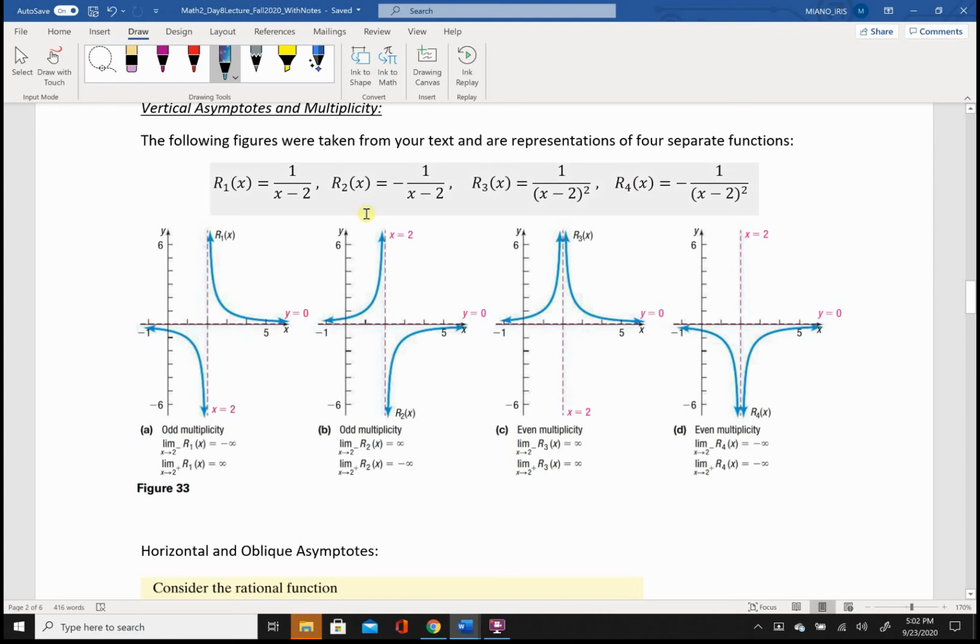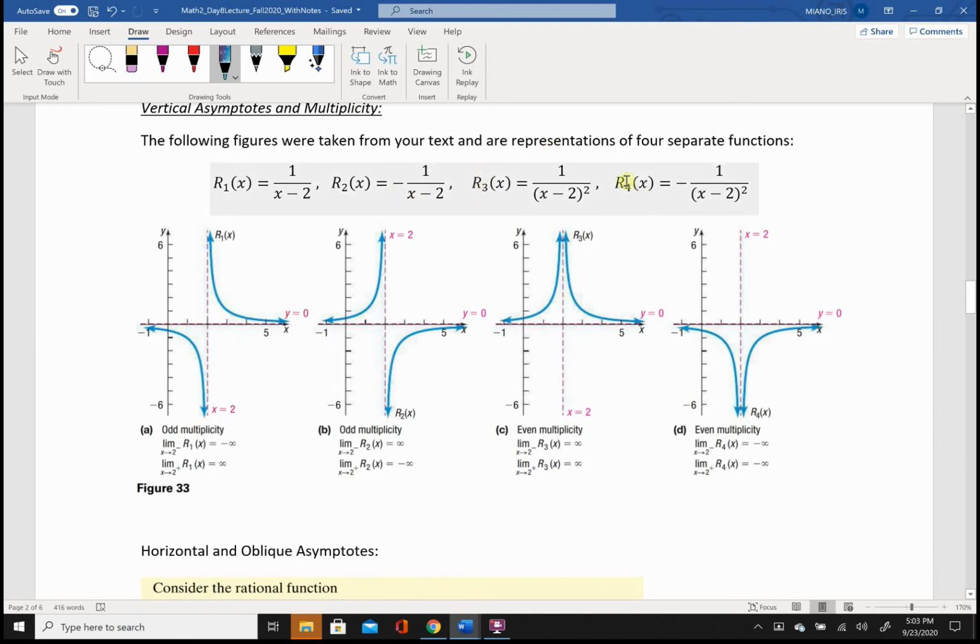Notice that the rational functions r1 and r2 are both odd functions, and so they have a structure that's very much similar to the reciprocal function. In fact, it is the reciprocal function. This first one is just shifted 2 units to the right, and this other one over here is shifted 2 units to the right and then also flipped over by virtue of this negative factor right here.